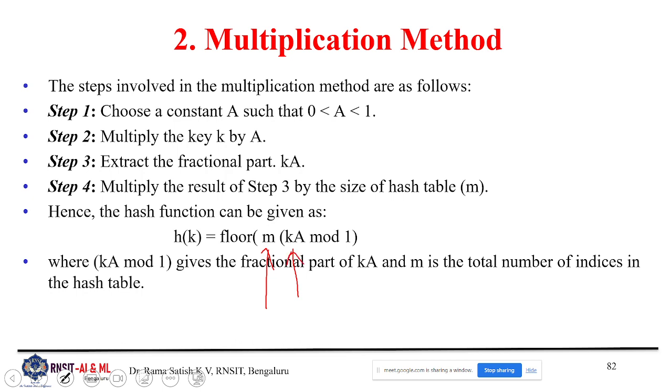The constant A is multiplied to k. The A value will fall between 0 and 1, so it will hold 0 point something. So when you do modulus, you can extract only the decimal part.